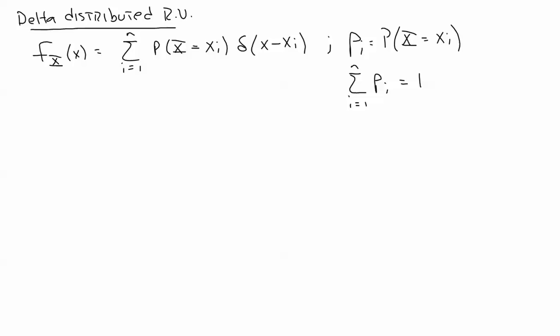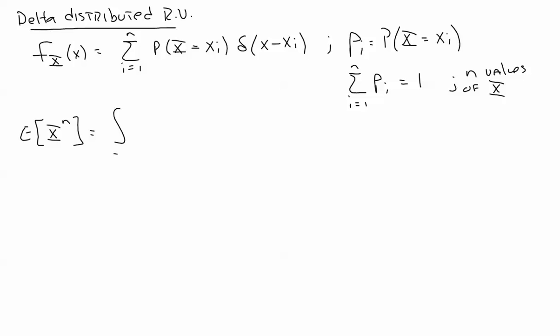And there are, of course, n values of my random variable x. All right? So, let's find the mean value. Actually, let's do it this way. Let's find the nth moment. Let's find the expectation of random variable x raised to the nth power. We'll do this all at once.